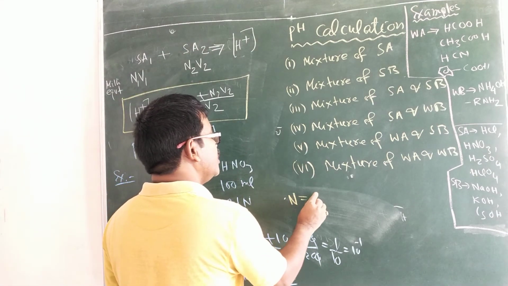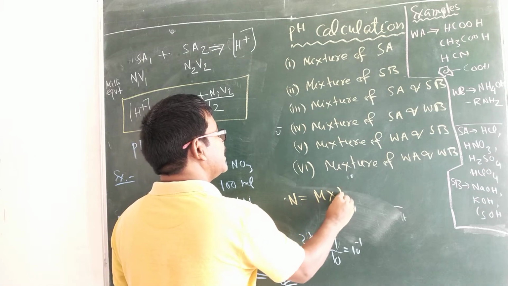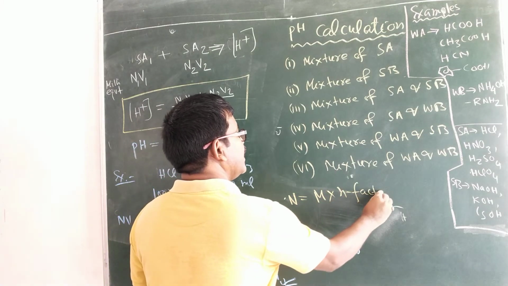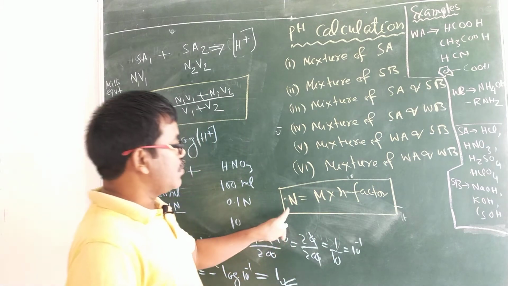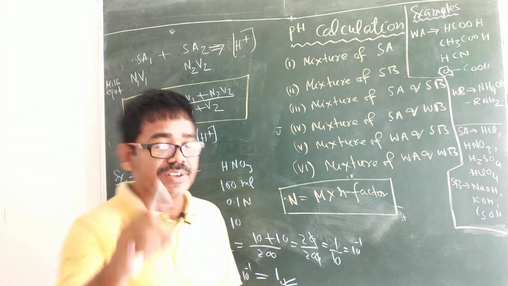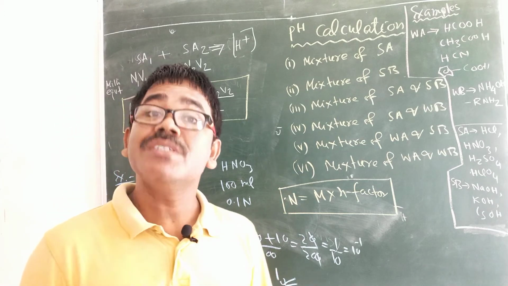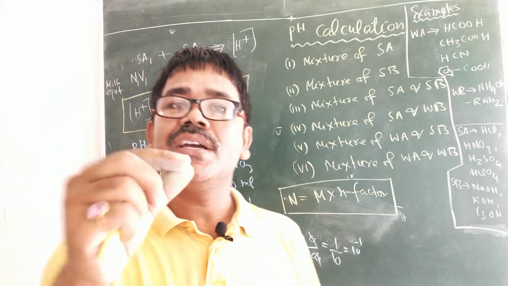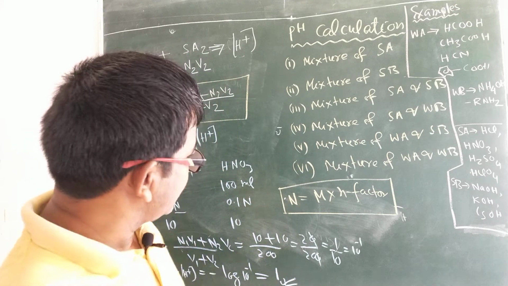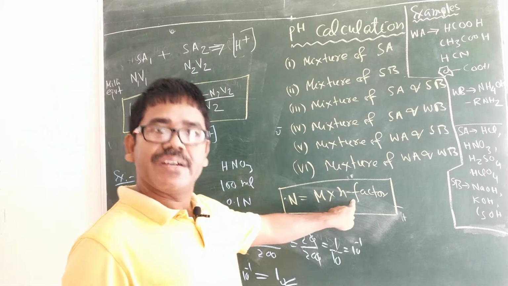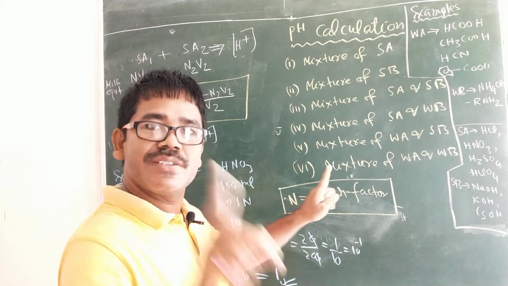Normality is equal to molarity into n factor. N factor means how many H plus ions that acid can release at best. In that case, normality equals molarity into n factor. If n factor is 1, both of them are the same.